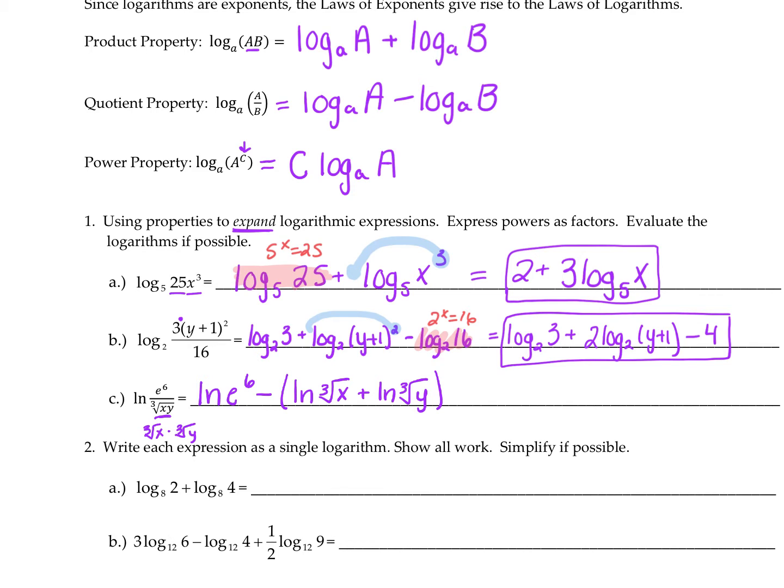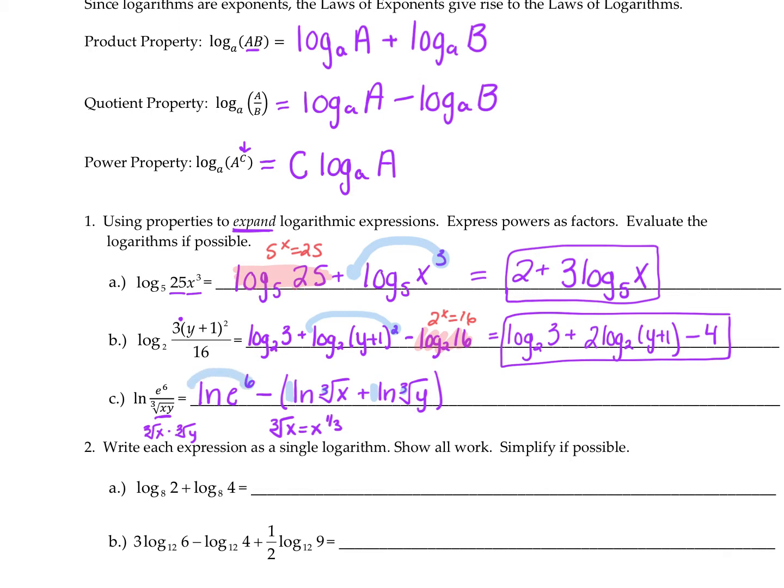So remember that the cubed root of x would be the same as x to the 1/3 power. So what's going to happen is each of these ln's is going to get a 1/3 power in front because of this x to the cubed root of x. I'm also going to bring this 6 down in front.